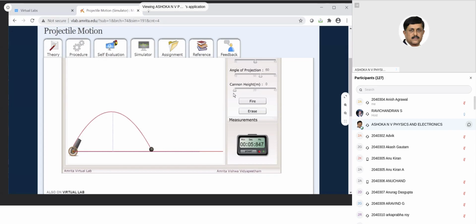Students can use your discretion to study the position of the cannon, right? If you increase this one, I do not know how they have done the simulation here, whether the velocity is calculated from the nozzle of the cannon, I do not know, or it is calculated from the bottom.